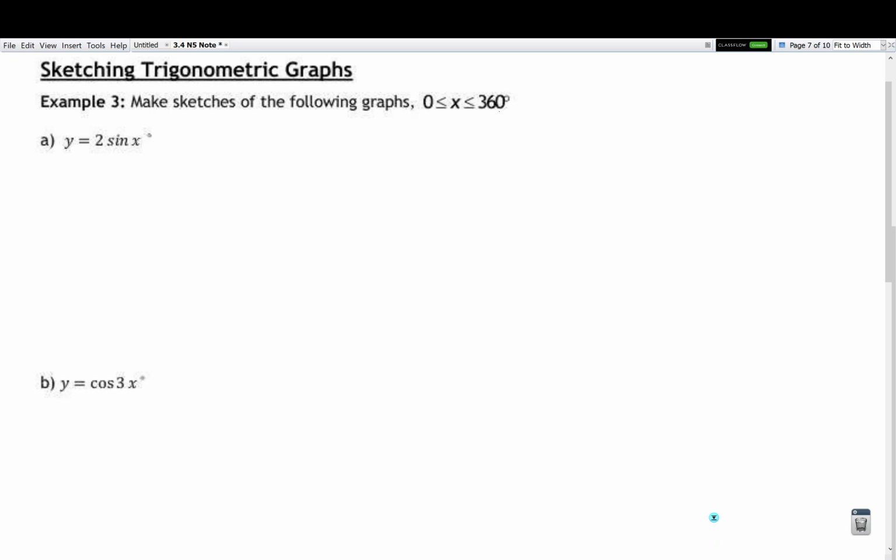Now a really important thing to do, and this is a skill that actually carries over to higher maths as well, sketching trig graphs, and I want you to write this down at the side, it's really, really important to note that we are going to draw the curve, or draw the shape first.